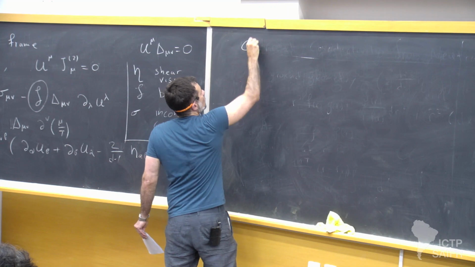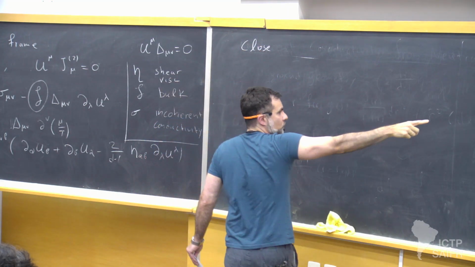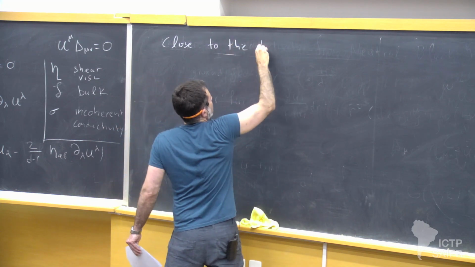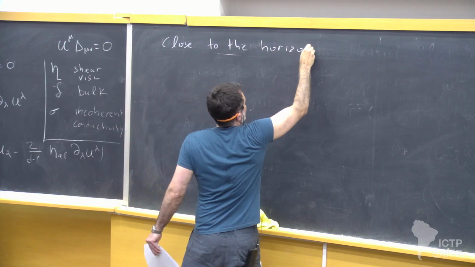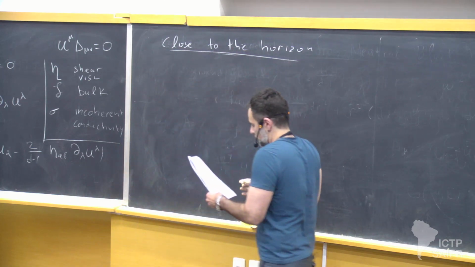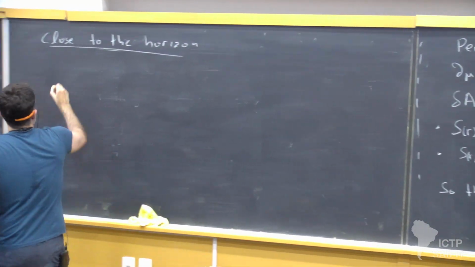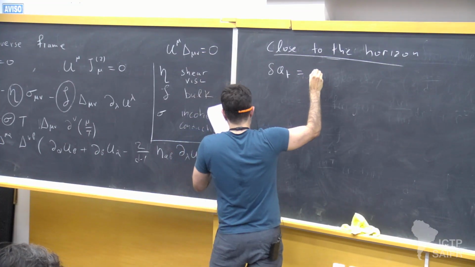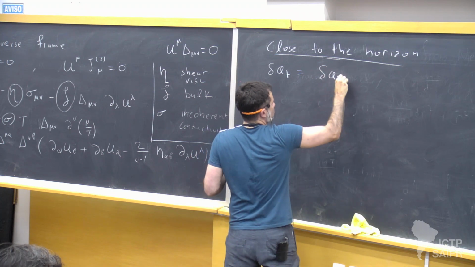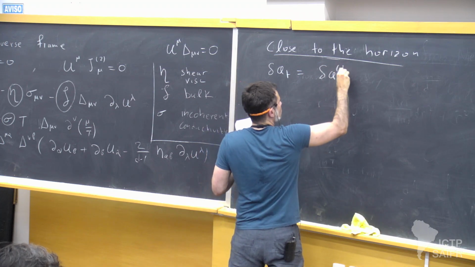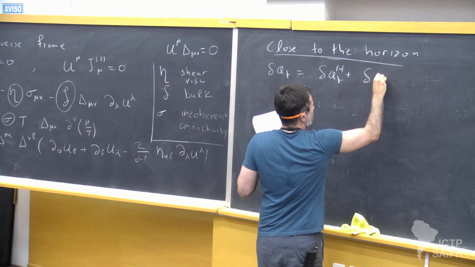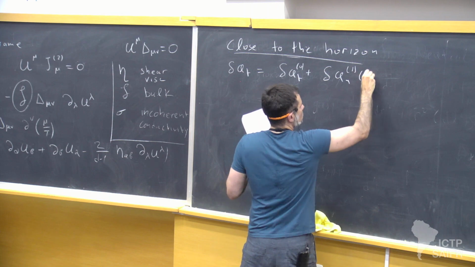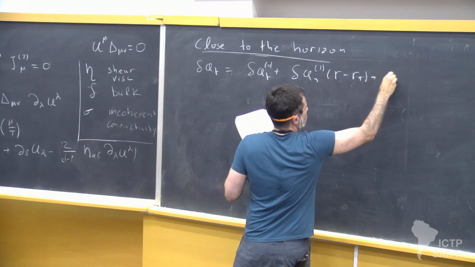Okay, so now for the perturbation, this delta A mu, delta A t close to the horizon should go like a constant plus another constant. These two are basically constants of integration close to the horizon, plus whatever.